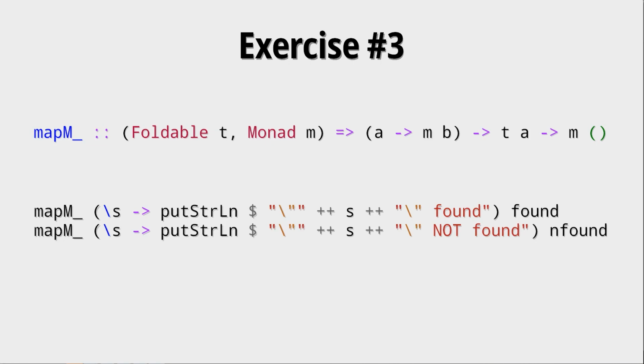So a binding where we drop the actual value that we get. And in this case, this is exactly what we want to do. We want to print all the words in found, right? So what we want to do is we want to print every single one of them, and what the actual end result of putStrLn is, is irrelevant for us, since it is just an empty tuple. It is IO of the empty tuple, so we don't care for that at all.